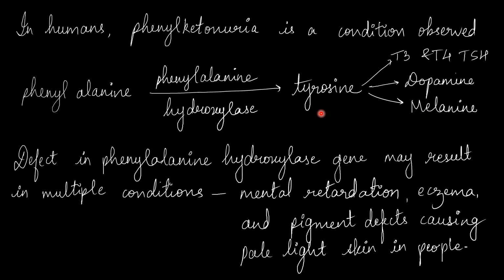So pleiotropic genes are important. The study is important because it forms a foundation. It gives you valuable information regarding the evolution of different genes and gene families. And that's all about phenylketonuria.